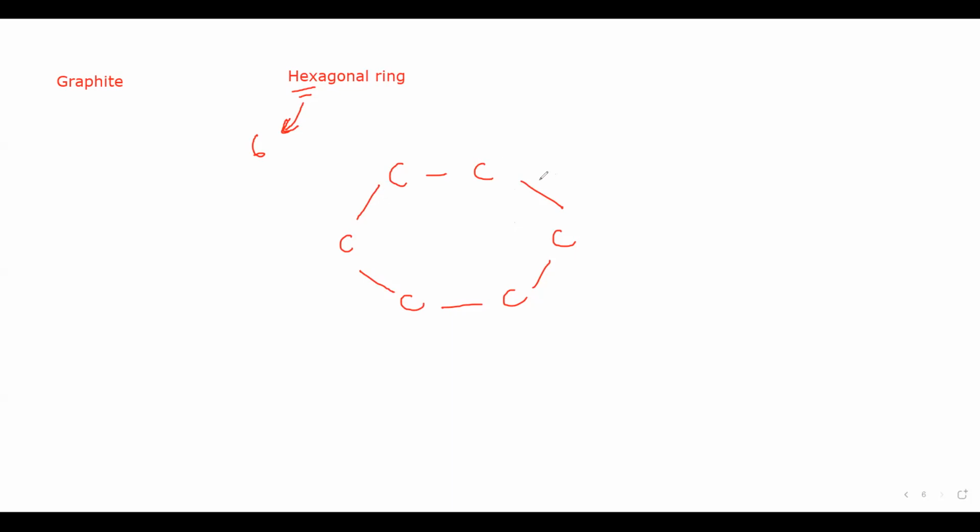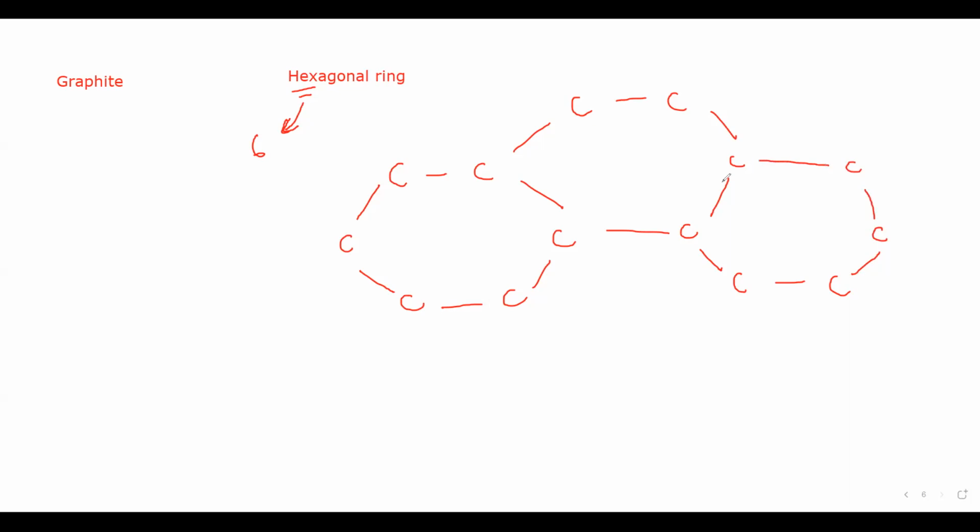Same thing, because it's a giant structure, it continues. So this is one carbon, 1, 2, 3, 4, 5 and 6. These rings are connected with each other. Same way, if we continue, this is 1, 2, 3, 4, 5 and 6.